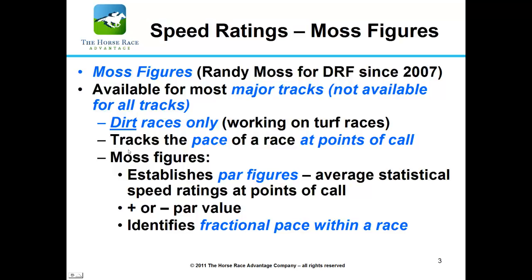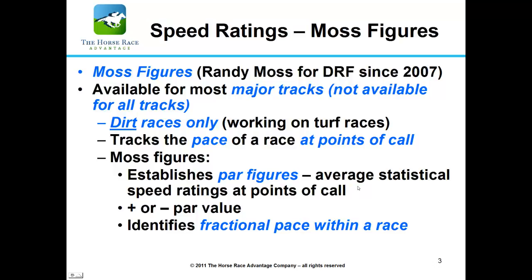The Moss figures track the pace of a race at points of call, while the Beyer rating pretty much gives you the end rating. Moss figures try to actually break them down at the points of call. They establish par figures, which are the average statistical speed ratings at the point of call.